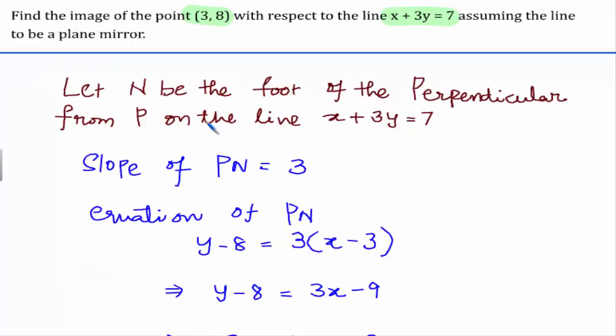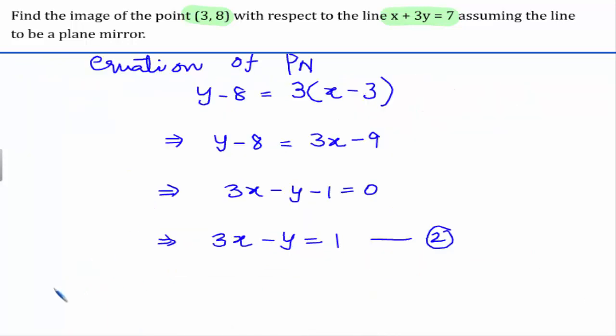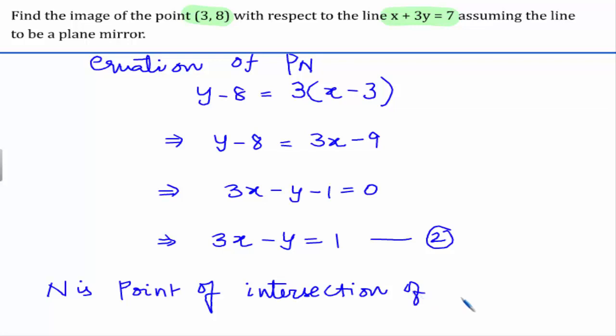And observe that N being the foot of the perpendicular, the N is the point of intersection of the equations 1 and 2.